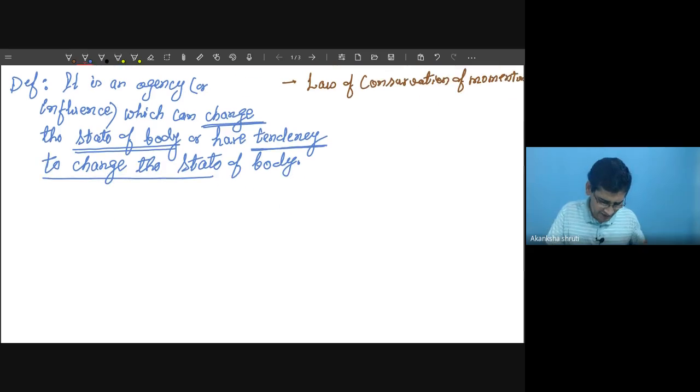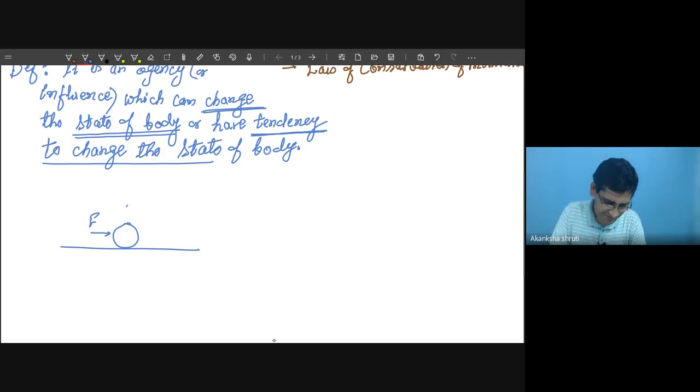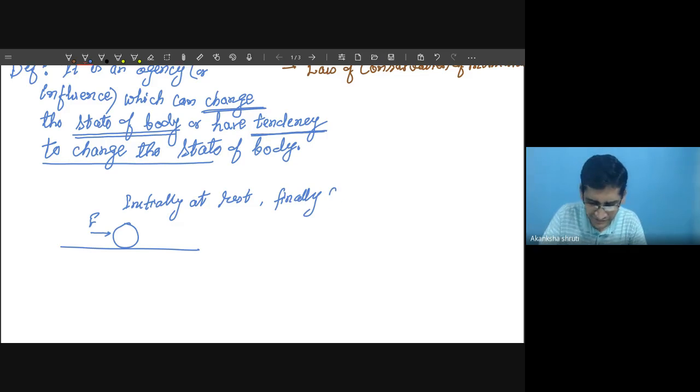So just understand once more, let me draw one more figure. Students, consider a ball is lying. You are applying a very little force. So initially the ball is at rest, but on applying the force it starts, so finally it comes into motion.